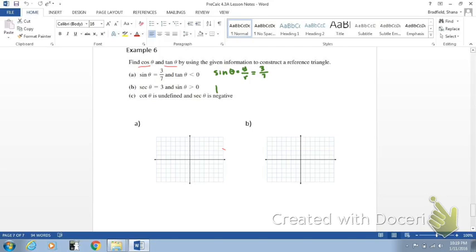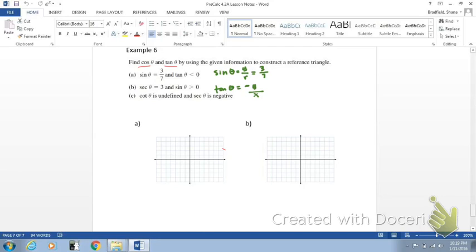And then it tells me that tangent of theta is less than 0. So that means that it has to be negative. So it's going to be negative something. The ratio for tangent is y over x. Now I know from sine that y is positive. That's how I got the positive 3.